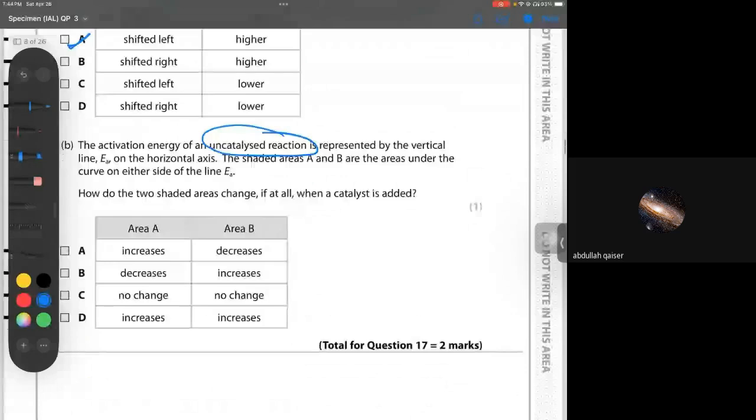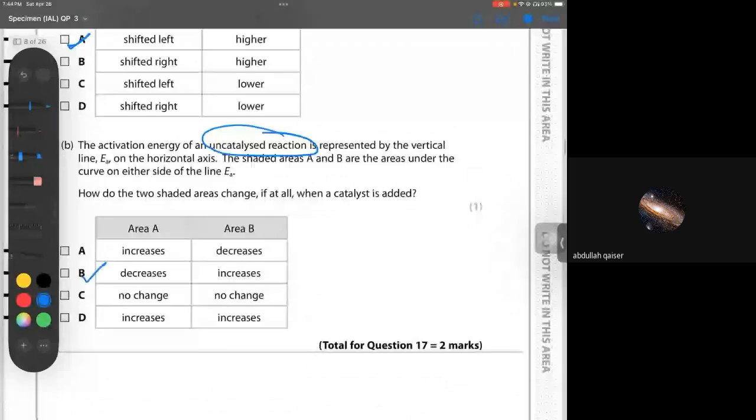This would be the activation energy for the catalyst. So area A decreases and area B increases. Simple. It's B.